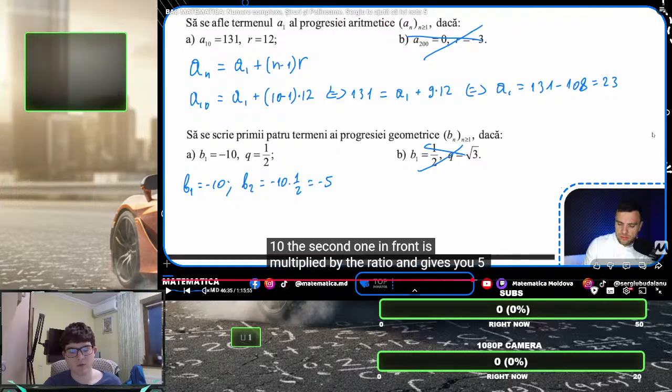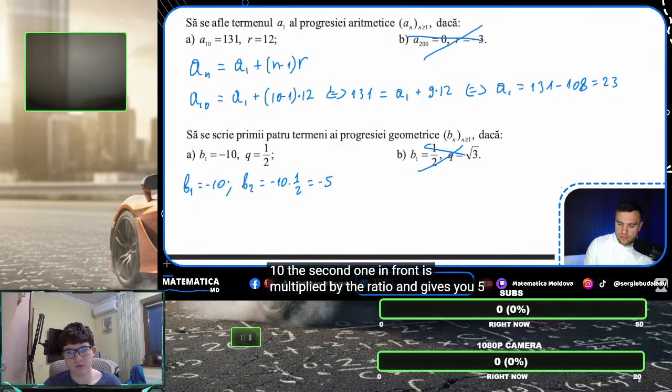Write down the first four terms of a geometrical progression, knowing that B1 is given. B2 will be that times Q. So minus 10 times Q is going to be that.